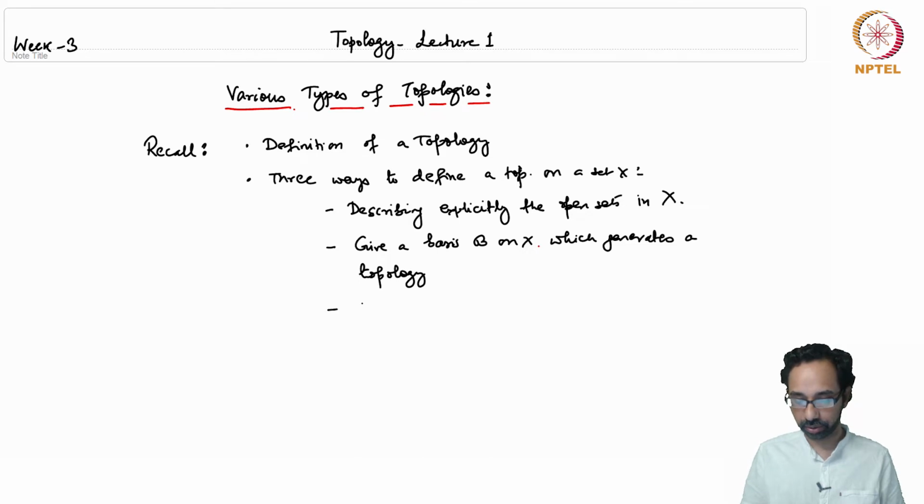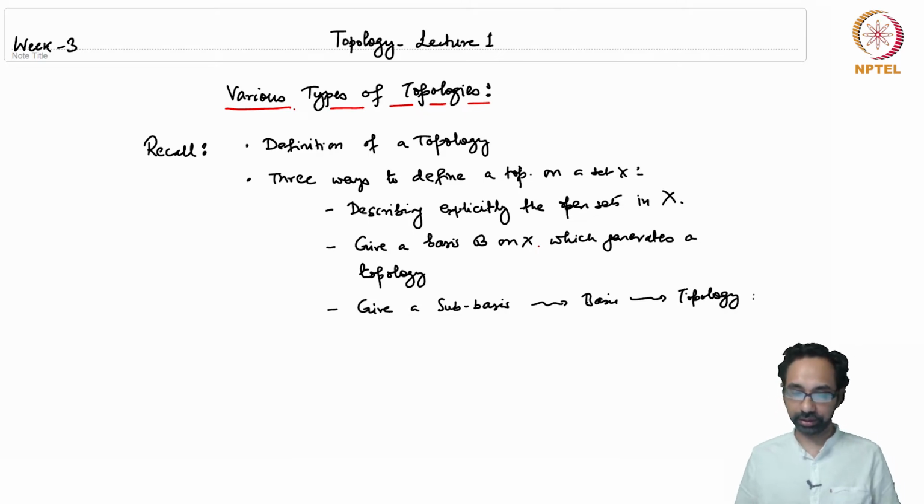And the third way was to give a sub-basis, which gives a basis, and this gives a topology. So these were the 3 ways in which we have learned how to define a topology.